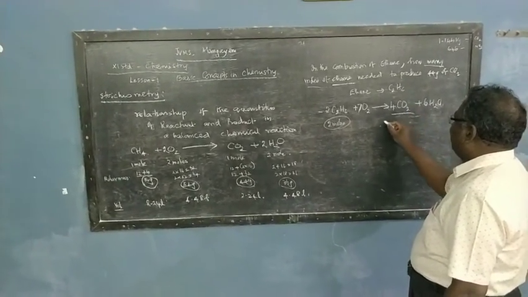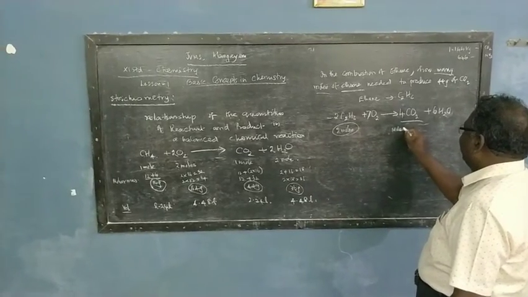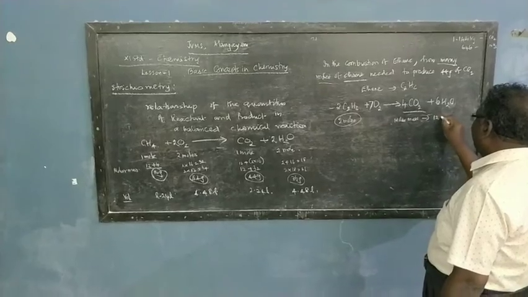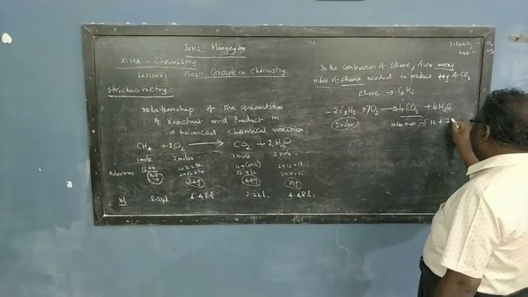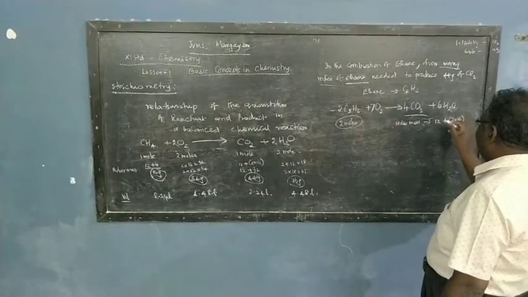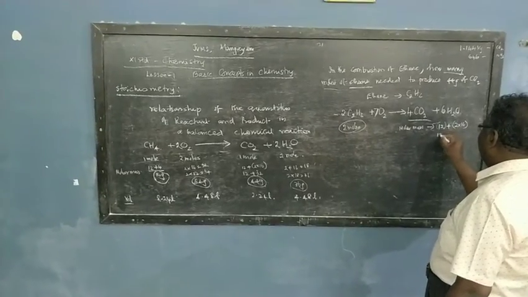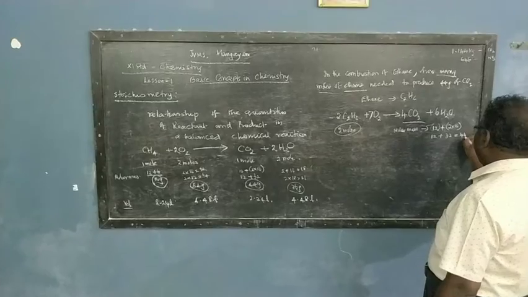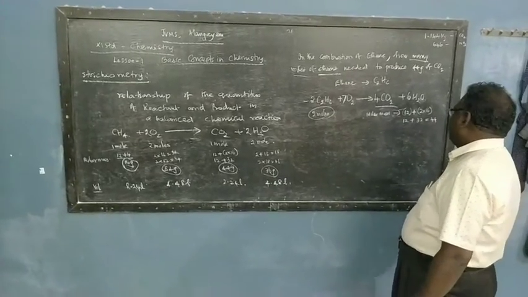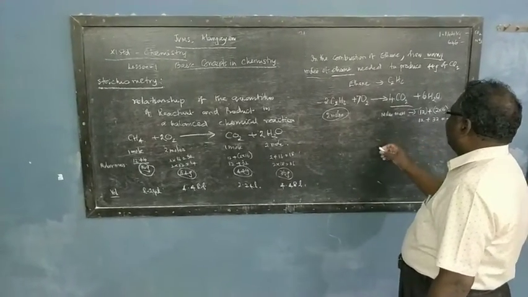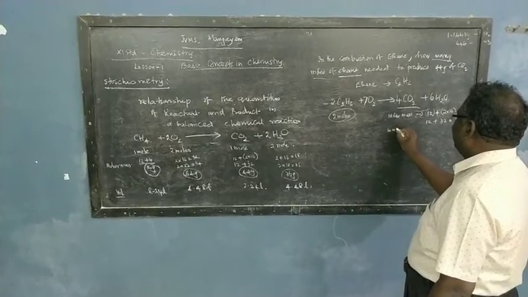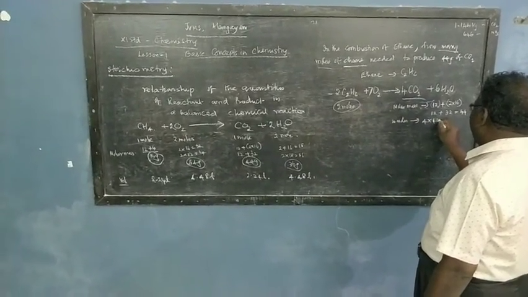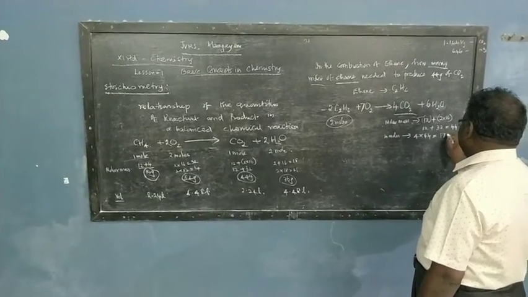Molar mass of carbon dioxide, how do we calculate? 1 carbon, therefore 12. 2 oxygen, 2 into 16. Therefore this will become 12 plus 32, 44, right? But how many moles here? 4 moles. So the mass of 4 moles is 4 into 44, which is 176.